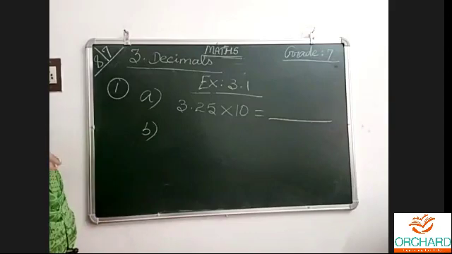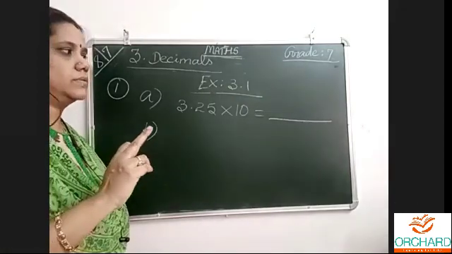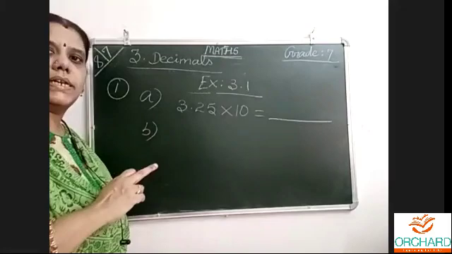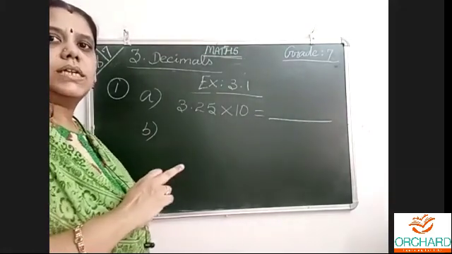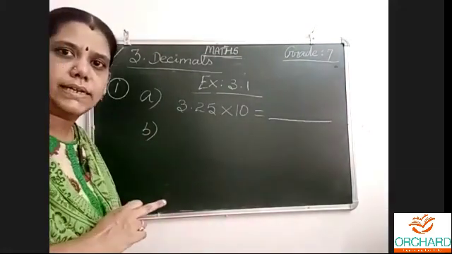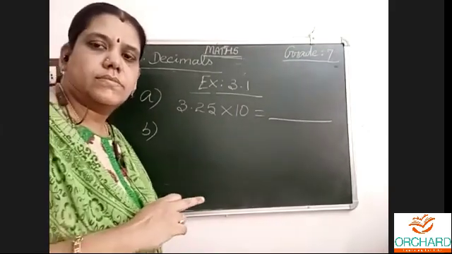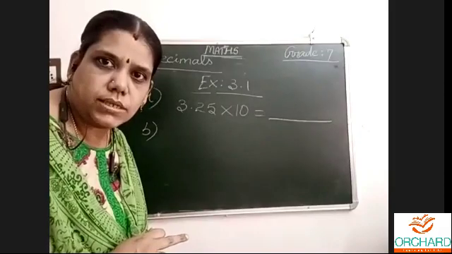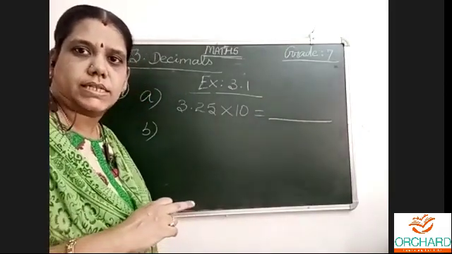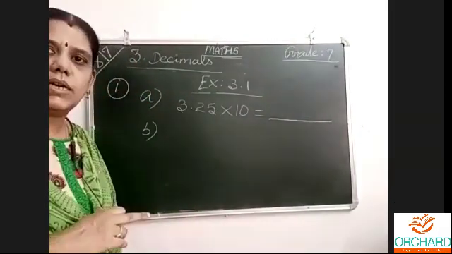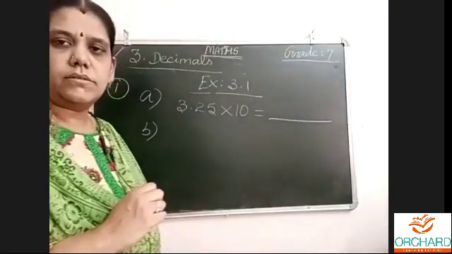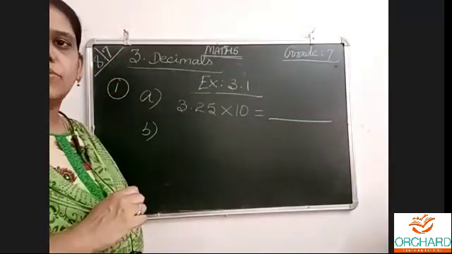Straight answer, 1 mark. Where is the point, Bhavatarini? Alan is correct. Multiplying by 10, what I told Kavya, correct.